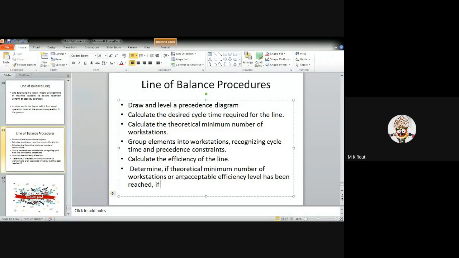Same point continue. If not, go back to step number 4.